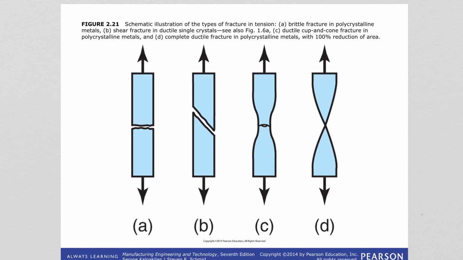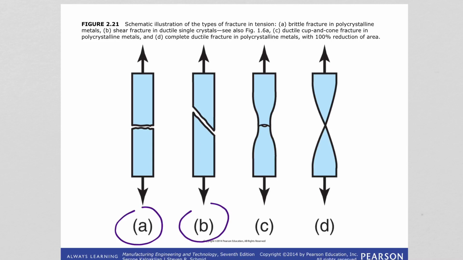So in A, we are seeing no plastic deformation, so therefore it is a brittle fracture in polycrystalline metals. And this one is in a single crystal shear fracture. So we can understand there is some directionality to the fracture. Therefore, it usually happens in single crystals because at some 45-degree angle, the materials are experiencing the maximum shear stresses. That's where the fracture happens.